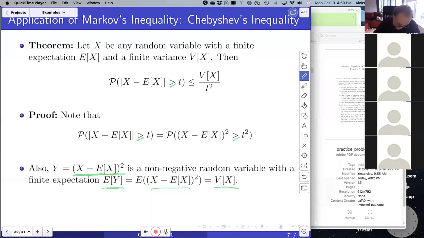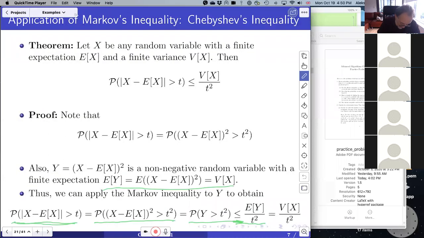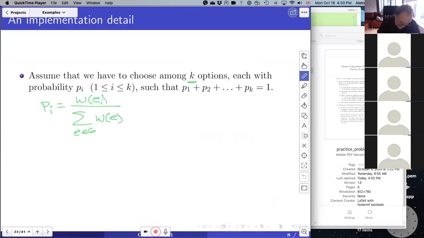Okie dokie. So now, how would you implement this? You have a bunch of options to choose from, say which edge to pick. And your random number generator, usually you have functions for a Gaussian random number generator or uniform on 0, 1.